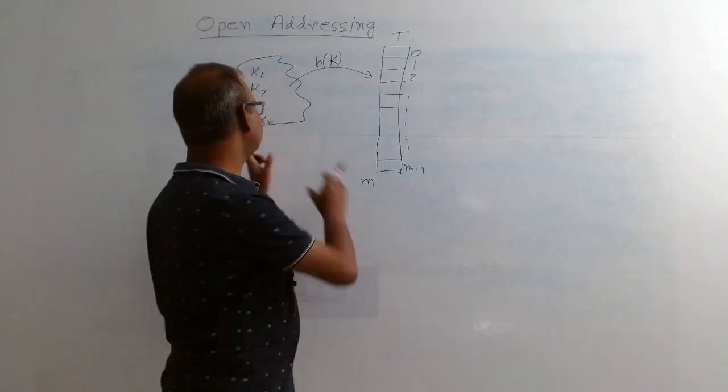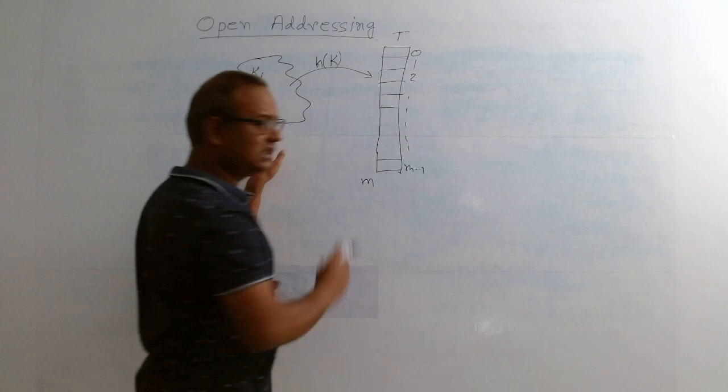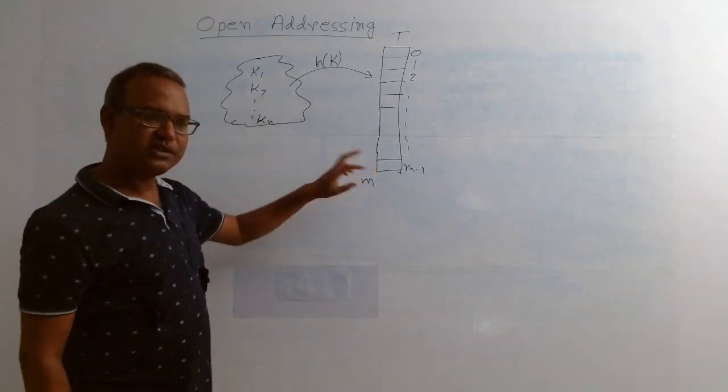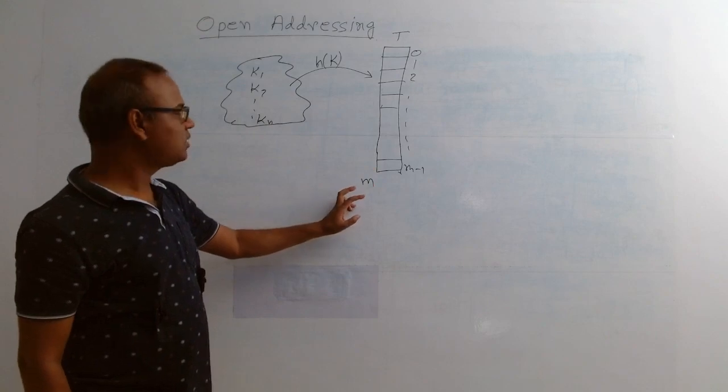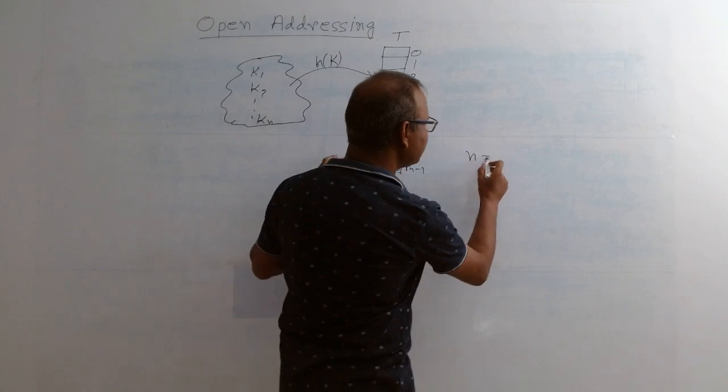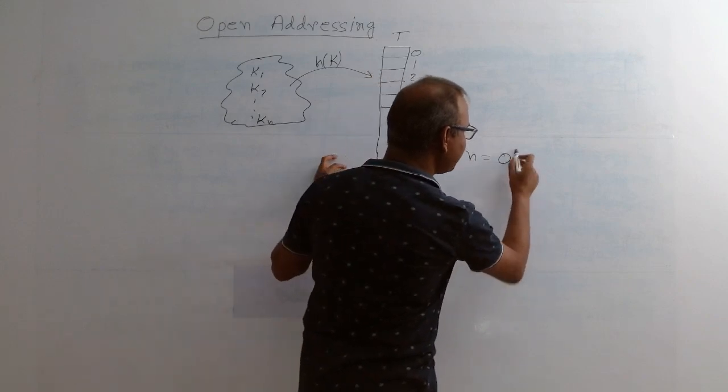Objective is to keep these n elements. We have to insert n elements, and we have the size of the table. So our objective is to keep n equal to order of m.